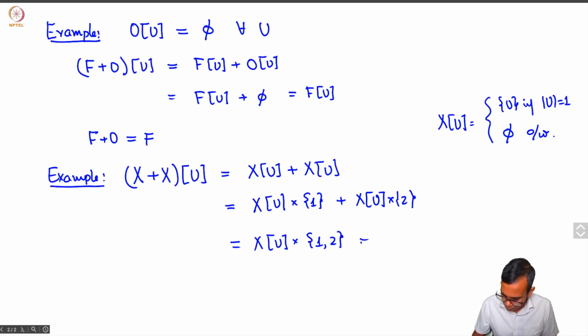So this is equal to the set singleton U times the set {1, 2} if the cardinality of U is 1 and the empty set otherwise.